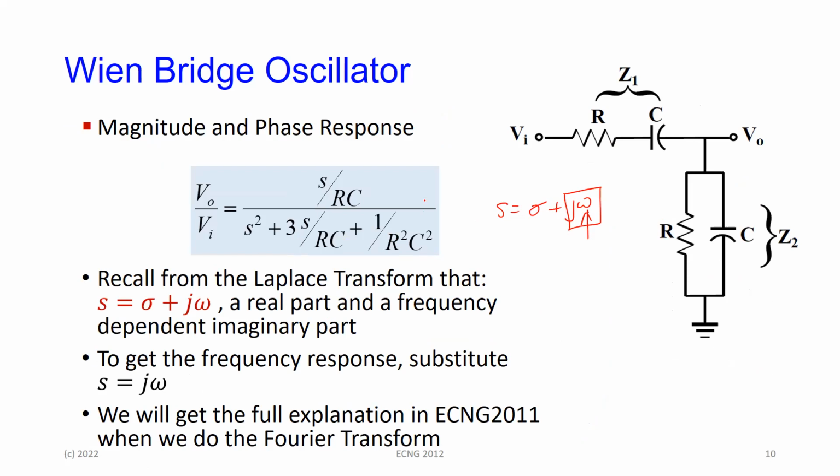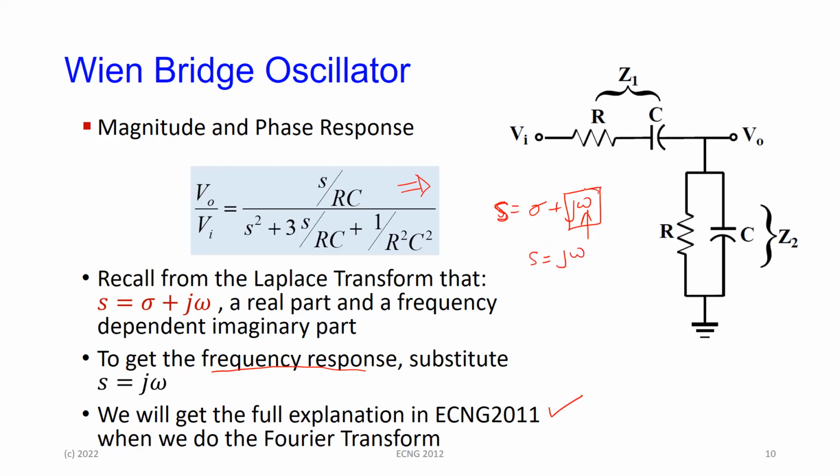If I want to get the frequency response, and we're going to prove this in a couple of weeks when we do the Fourier transform, if I'm given a transfer function and I want the frequency response, wherever S is, I substitute S equal to j omega.